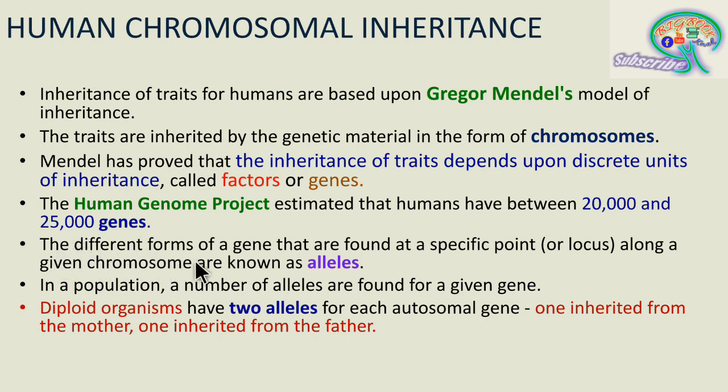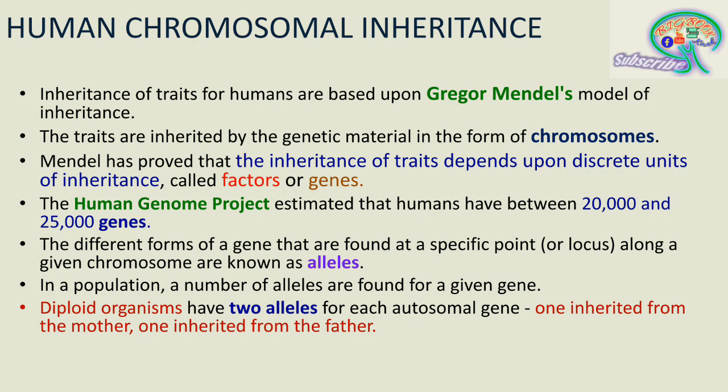The different forms of the genes that are found at a specific point along a given chromosome are known as alleles. For example, as we discussed with Gregor Mendel, in the pea plant the seed structure is round or wrinkled, the seed color yellow or green, or the pod shape.